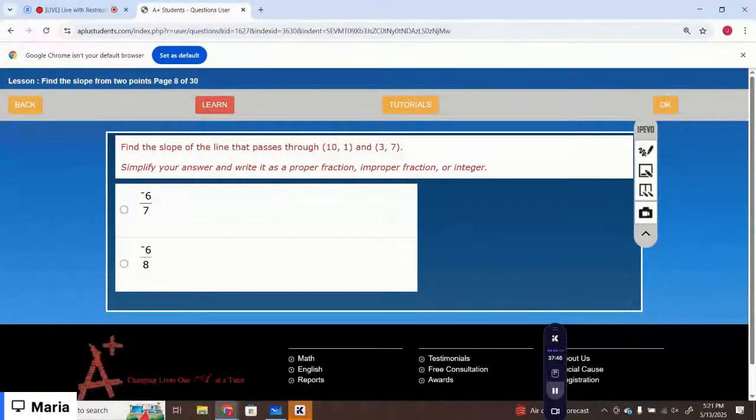Find the slope of the line that passes through 10, 1 and 3, 7. So which is the correct option? That is negative 6 by 7. Option number 1 is the correct option.